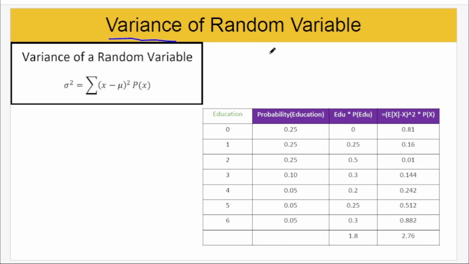How did we calculate the variance for a variable without probability? We calculated the mean, mu, which is the population mean. And x bar is the sample mean, correct?